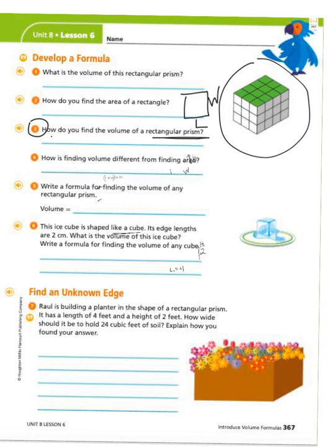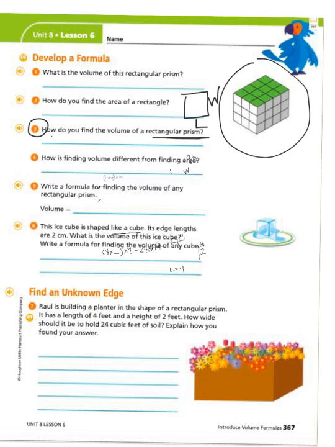So you're going to think to yourself, 4, so let me write it in here, 4 times something times 2 equals 24 cubic feet, or feet cubed, FT with a 3 at the top.